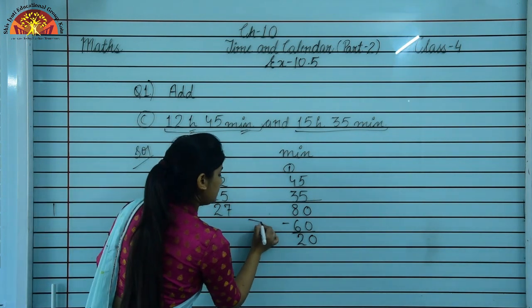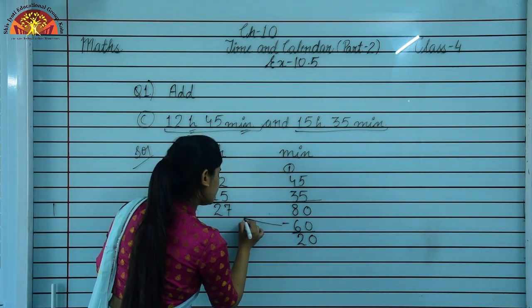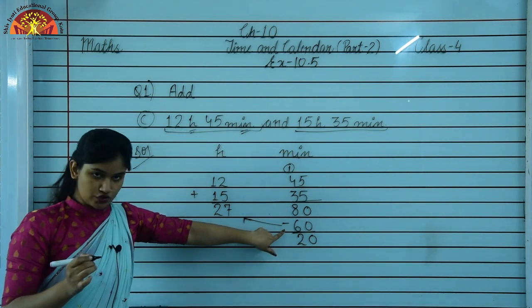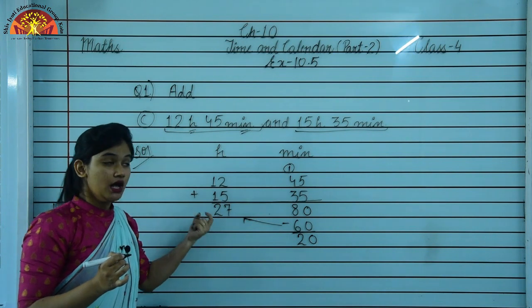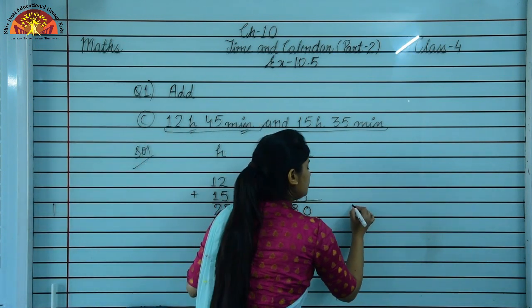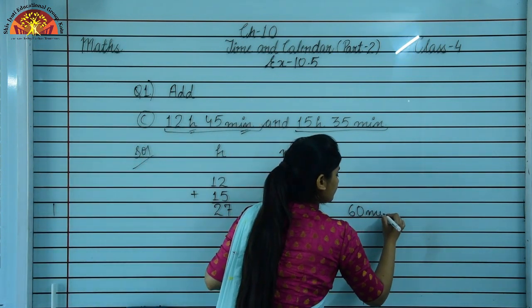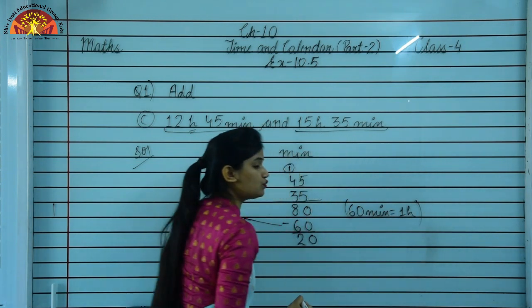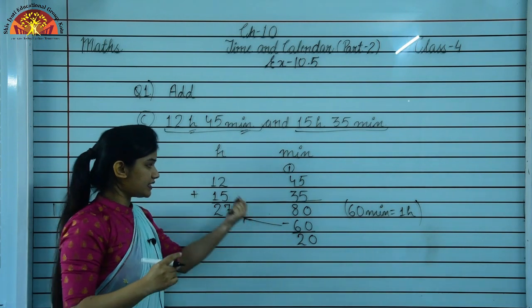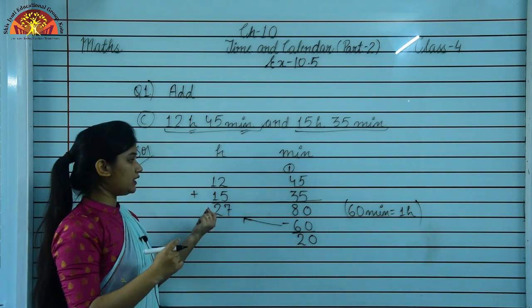Now it will come to this side. The 60 minutes that you have subtracted will come this side into hours. Now 60 minutes will be 1 hour. As we know, 60 minutes is equal to 1 hour. So as soon as 60 minutes comes to hours, it will become 1 hour.